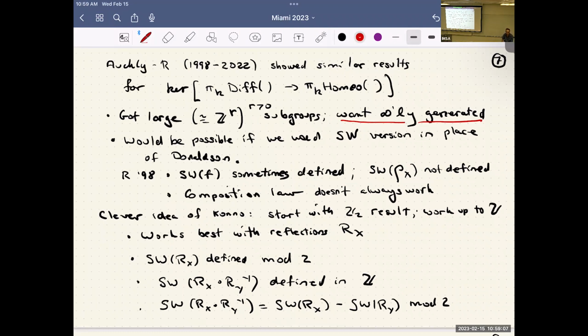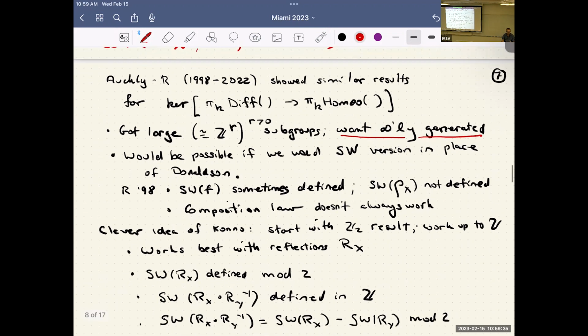Which was that in the Seiberg-Witten setting, if you worked a little harder, you could get a Z2 result, and then, well, if you can prove something is non-zero mod 2, then that means it's also not 0 as an integer. So that's a very common trick. As it turned out, the reflections that I was originally using, in other words, the ones built out of complex conjugation, somehow had the wrong property for that.